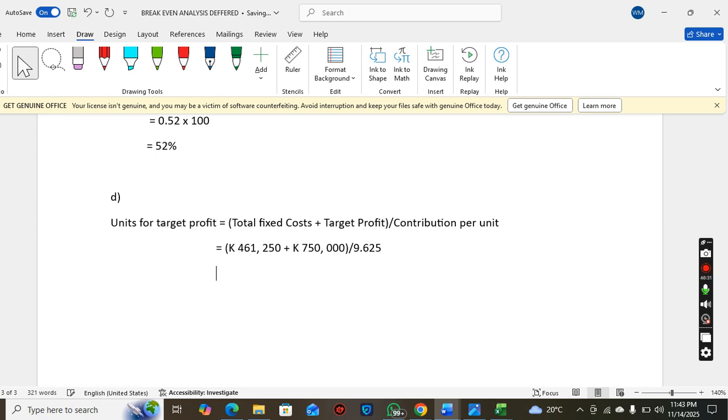So 461,250 plus 750,000 gives 1,211,250. 1,211,250 divided by 9.625.